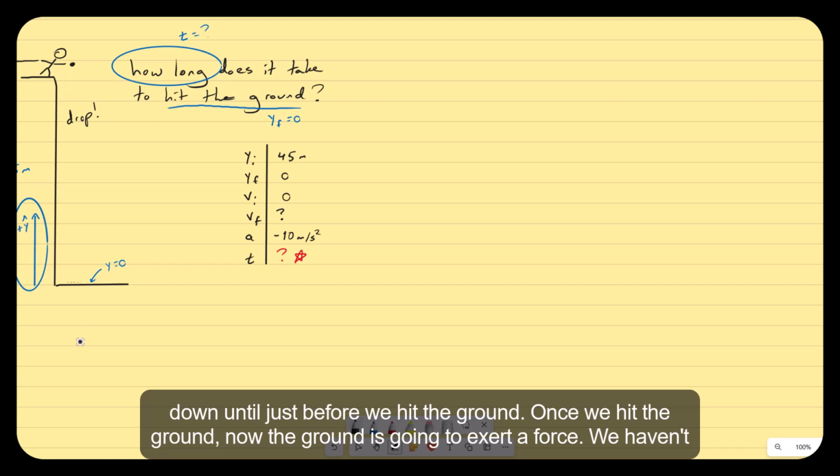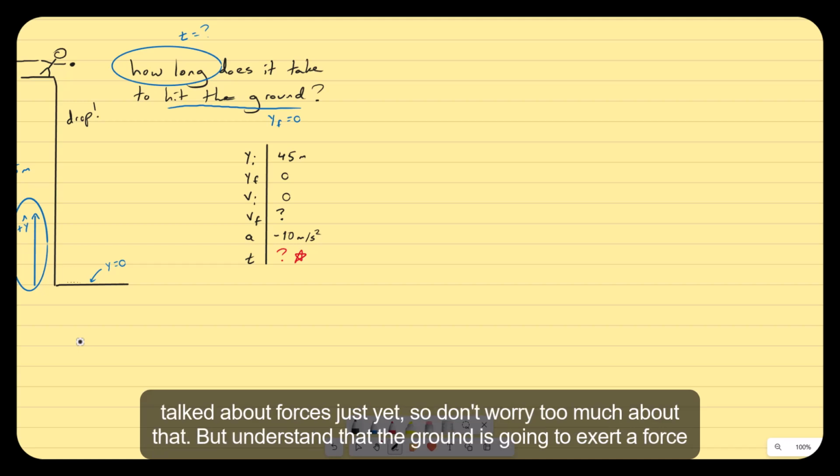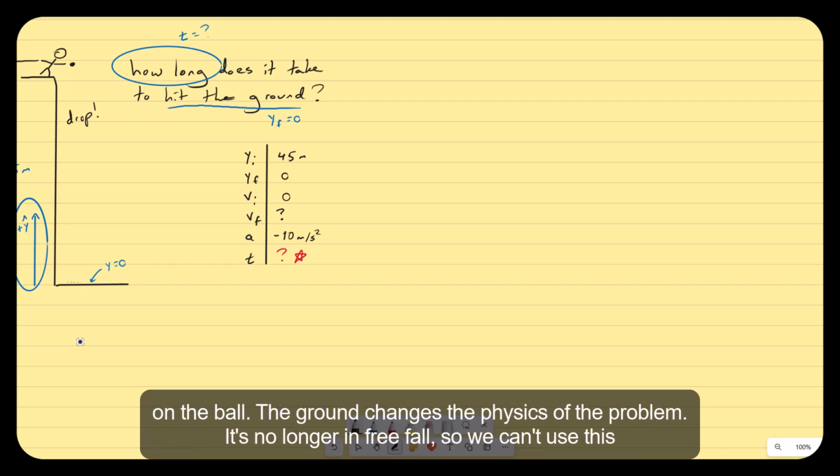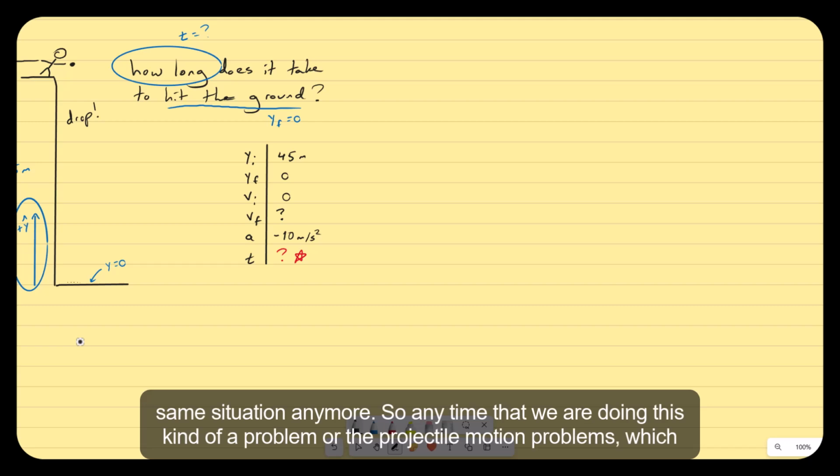Once we hit the ground, now the ground is going to exert a force. We haven't talked about forces just yet, so don't worry too much about that, but understand the ground is going to exert a force on the ball. The ground changes the physics of the problem. It's no longer in free fall, so we can't use this same situation anymore.